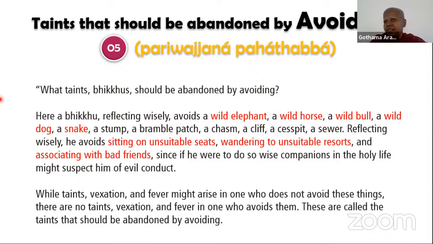unsuitable resort. How about the clubs or some other gatherings where you are not going to get any benefit? Okay, you know what I mean. And associating with bad friends. What is that?